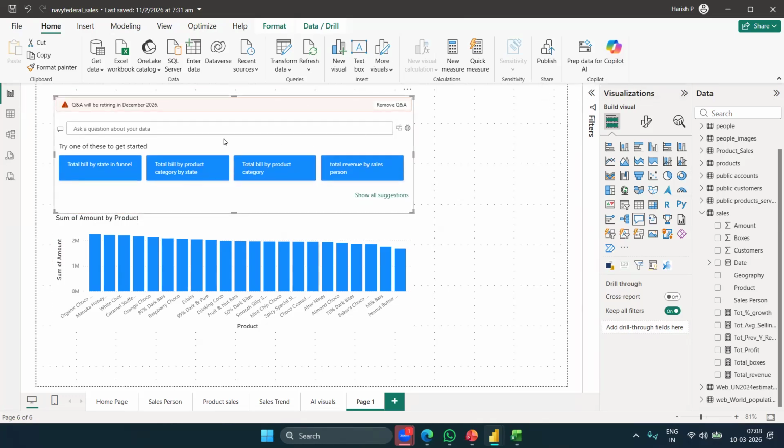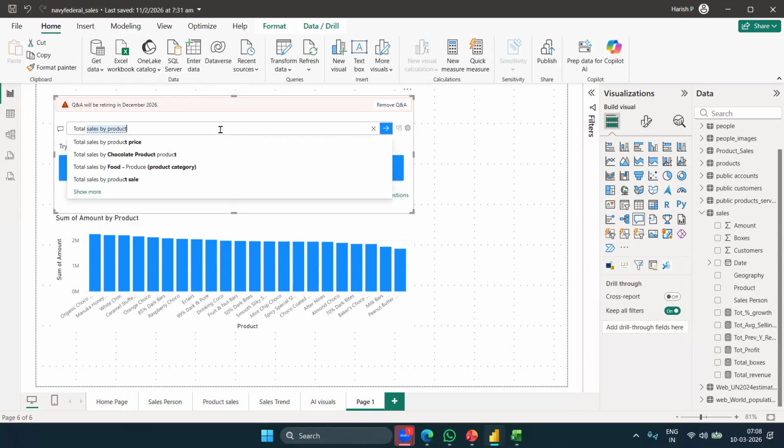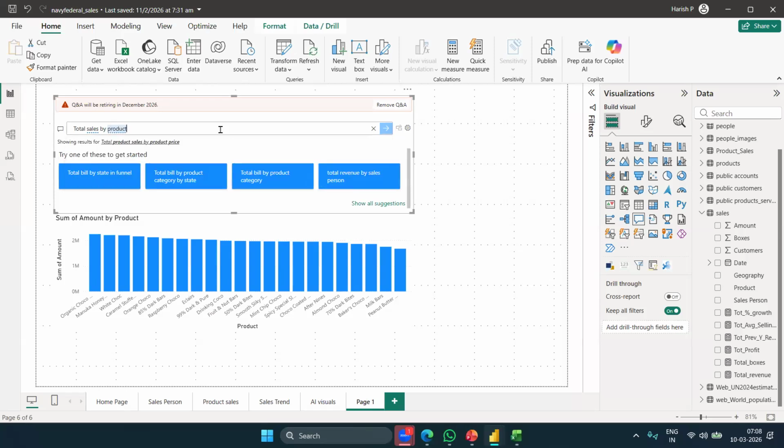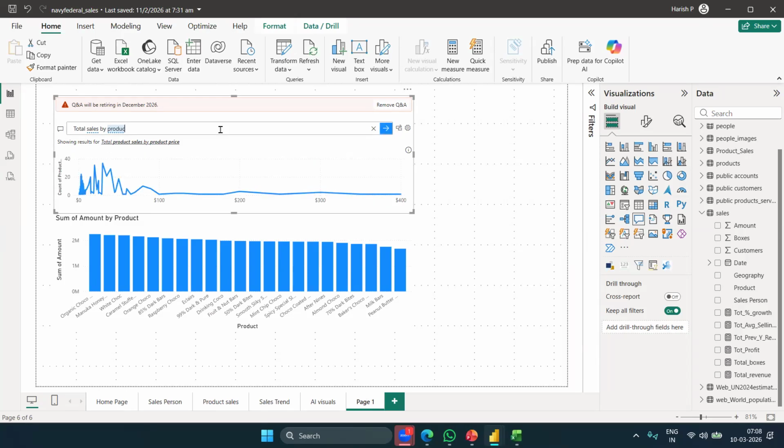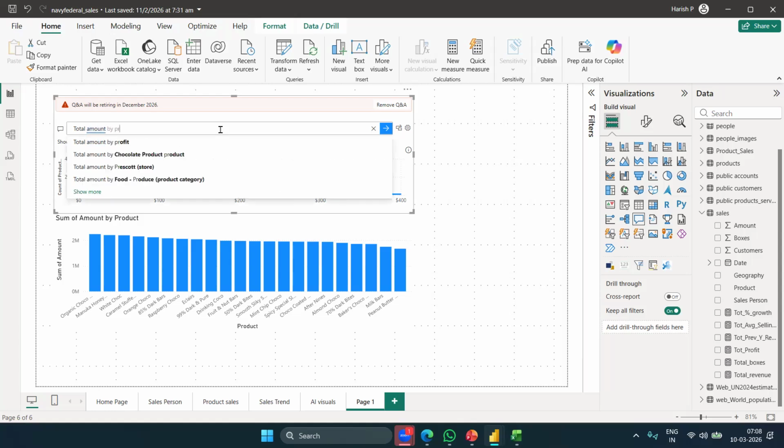That is what they're saying, but I just want to show you. Now I'm just putting this one, same thing. Total sales by product. Total revenue, what is the amount? Okay, total amount by product.